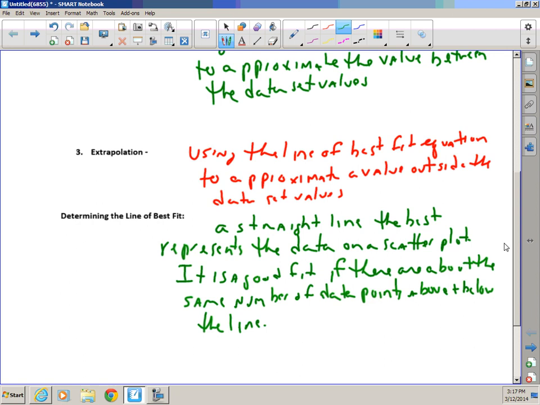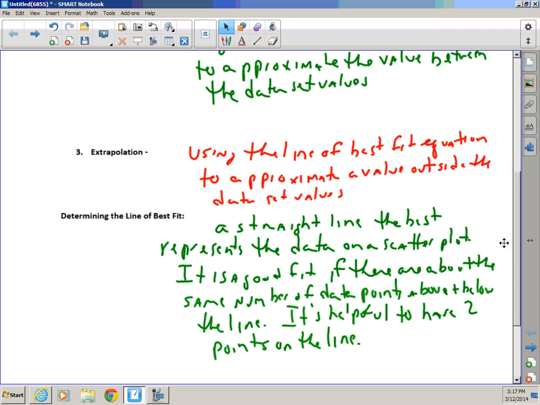And then finally, it's helpful to have 2 points on the line. All right, let's get out of the notes and let's get into an example.